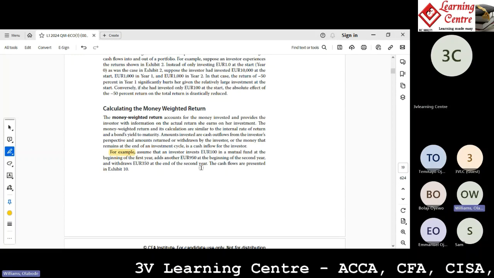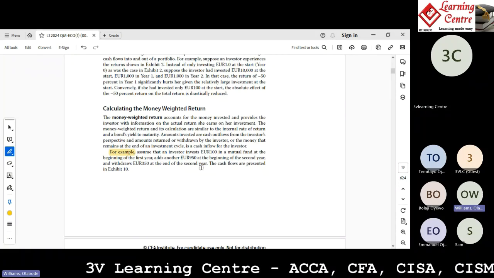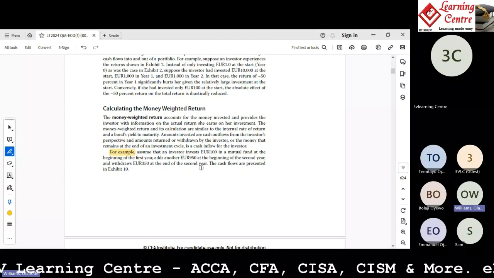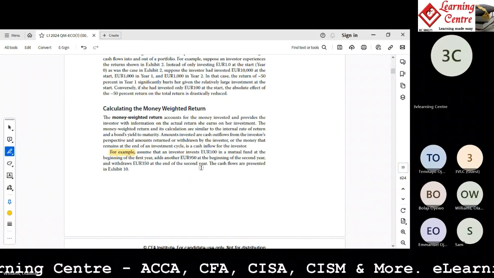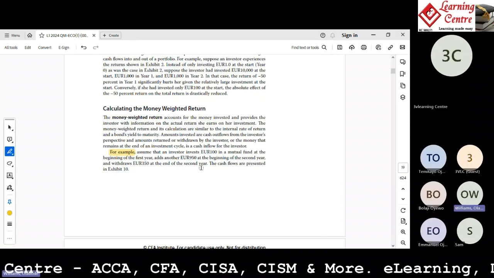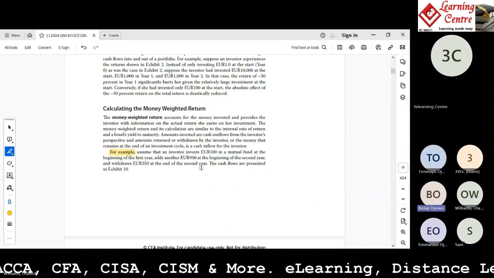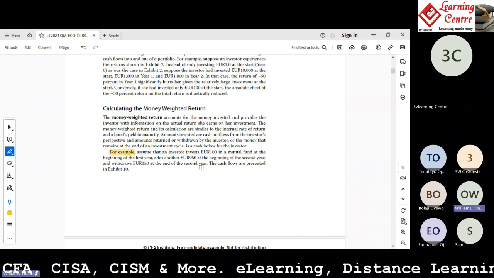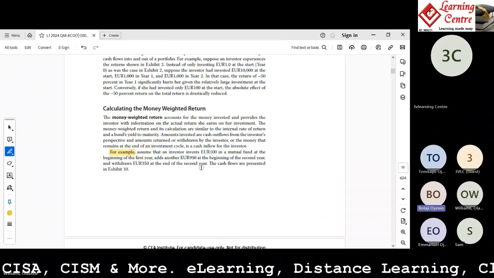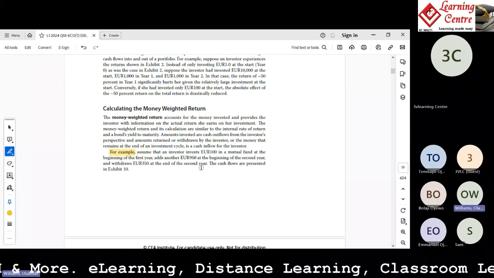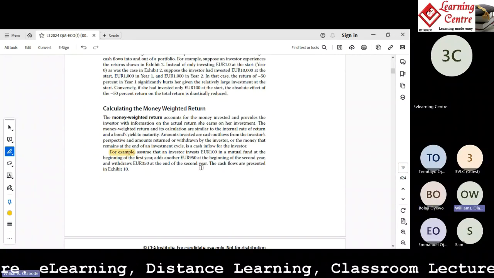Any cash flow that appears at the beginning of a period is treated as the last year's. Do you get my point? Why is it treated as last year? Not exactly. Okay, let me state. You mean the cash flow that is invested at the beginning of the period? No, let me put it in another way.